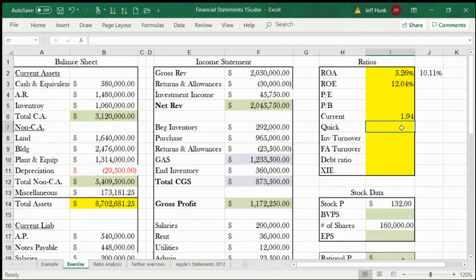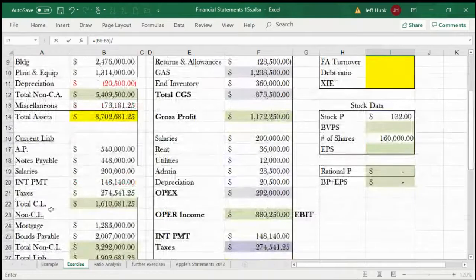Now, quick ratio is what? It's basically current ratio minus inventory, right? Just not the inventory. So our current assets is there, and then the inventory is this. So you subtract that and divide it by current liabilities.